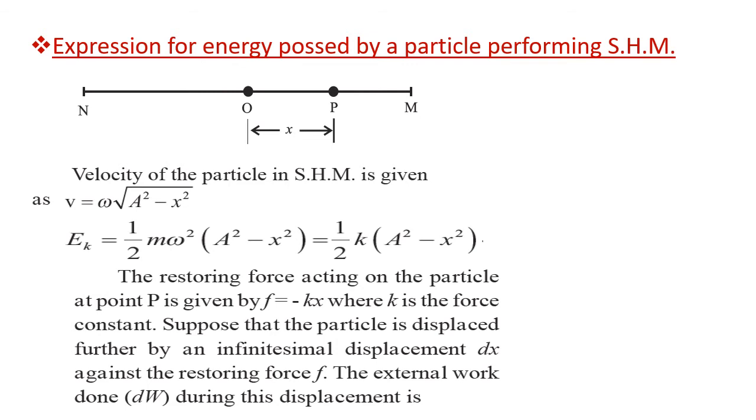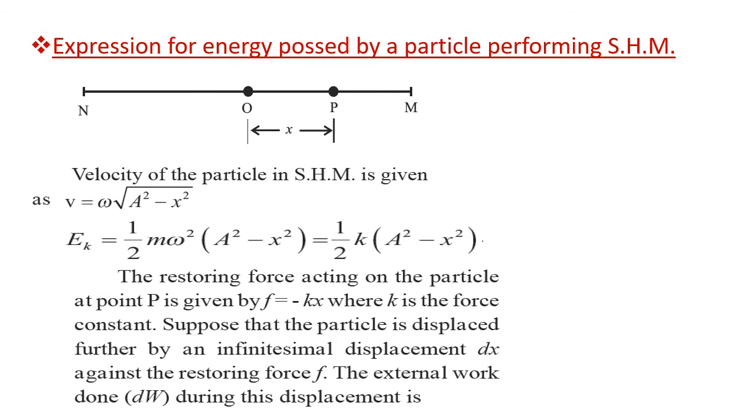After completing the composition of two SHMs, the next concept that we are going to talk about is energy of a particle performing simple harmonic motion. Okay. Now here, when we talk of a particle performing SHM, we are very sure that the particle possesses speed. That is, if a particle is going to have some speed, it is going to have kinetic energy at all positions except at one particular position, and that position is the extreme position.